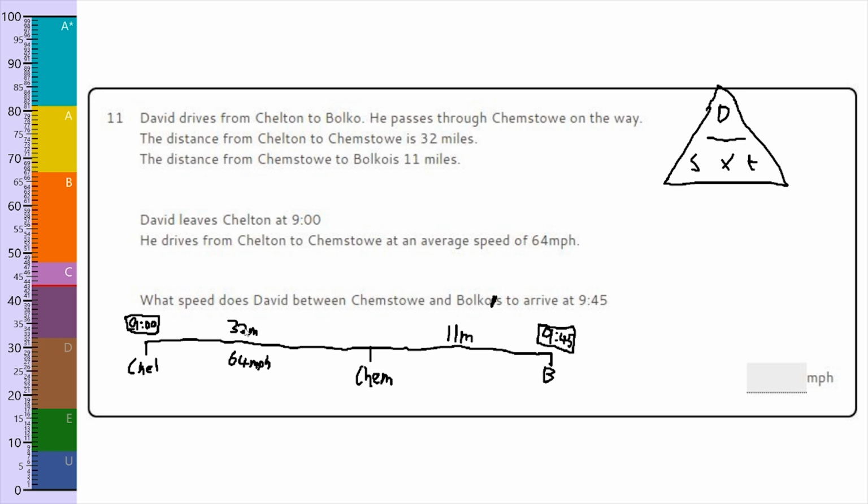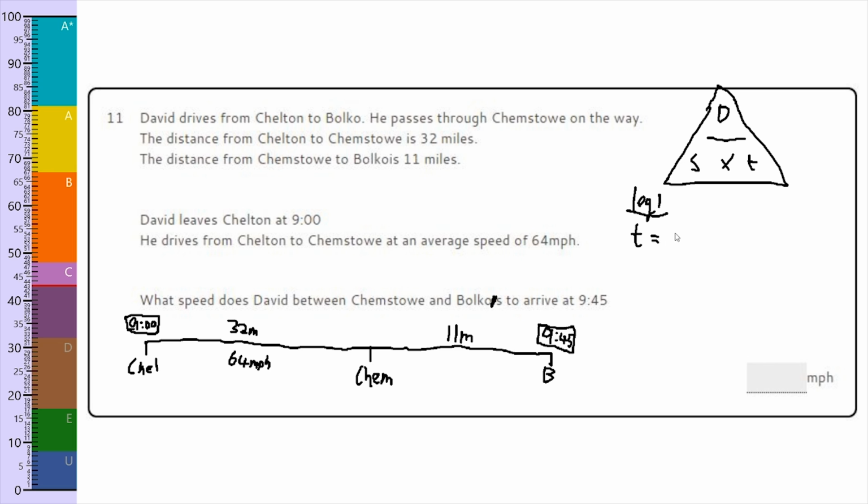So I know the distance and I know the speed for the first leg, but I don't know the time. So I'm going to call it leg 1. And the examiner would know what you meant by leg 1, as long as they could read your handwriting, which I've not done a very good job there. So I want to work out the time for it.